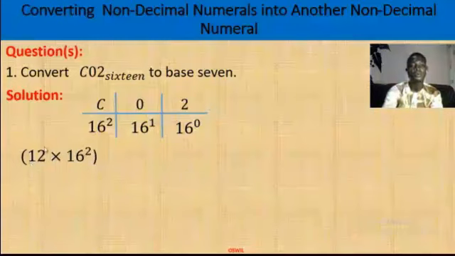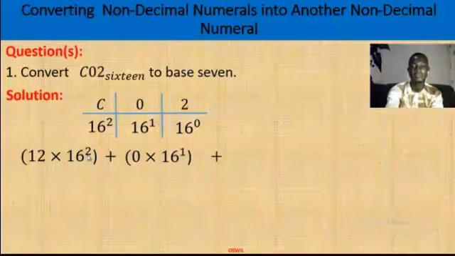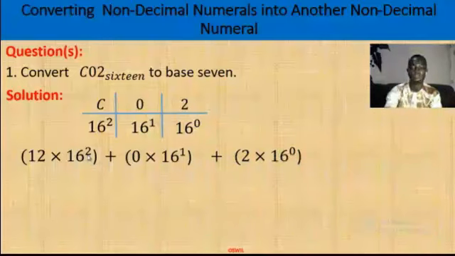But from here, you could notice that I didn't write C, because if you have watched the other video, C in number bases represents 12. So we wouldn't write C times 16 index 2, but rather 12 times 16 index 2, as the next digit, which is 0, multiplying its place value, plus the last digit, which is 2, multiplying its place value, as you see on the screen.